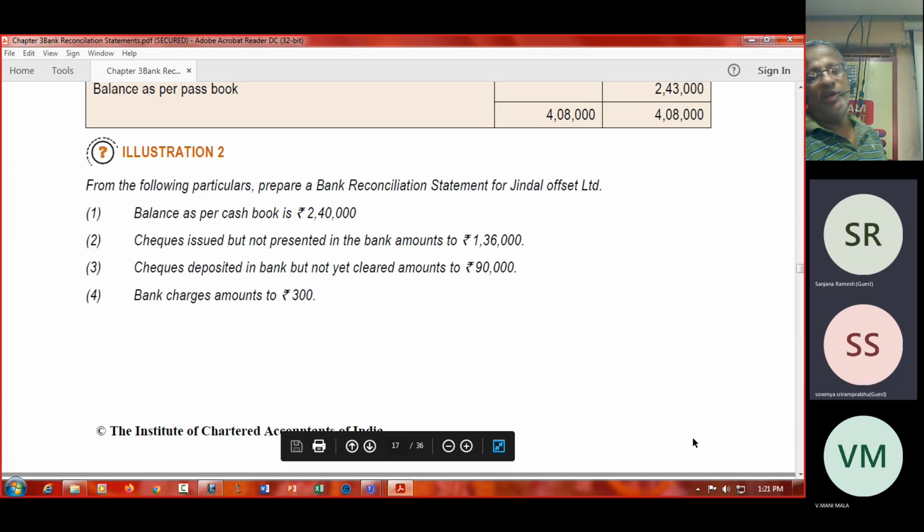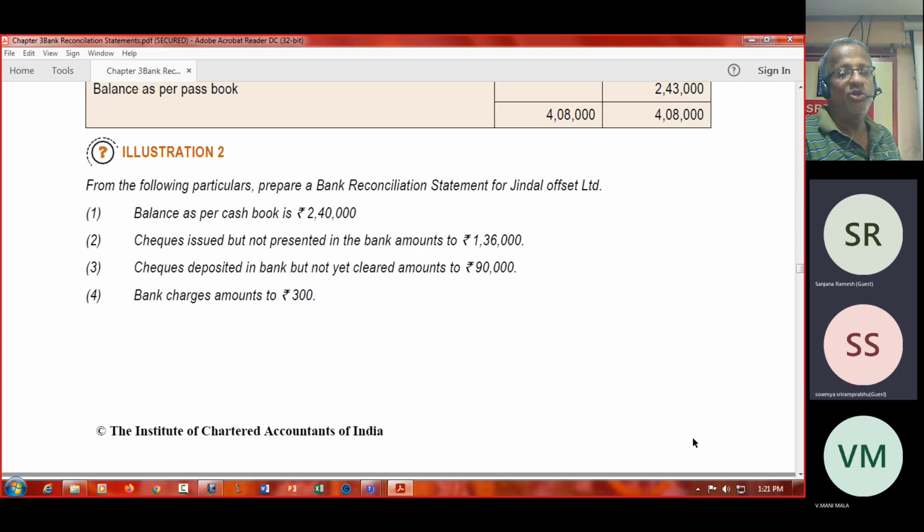Checks issued but not presented in the bank amount to 1,36,000. How do you call this item? In which book do you find it? Come on, Shreya, tell. Found in the cash book. On which side of the cash book?